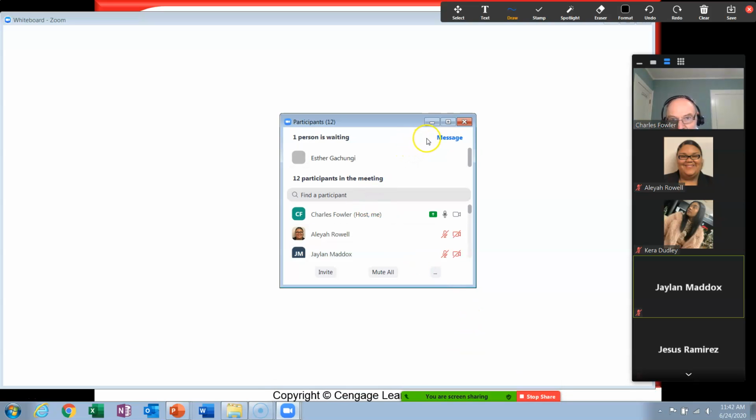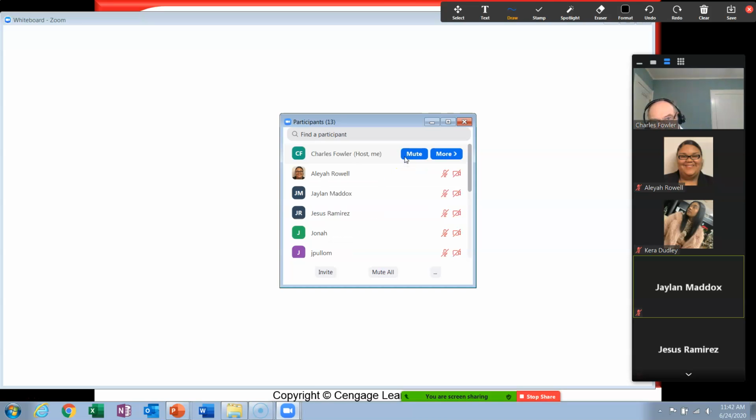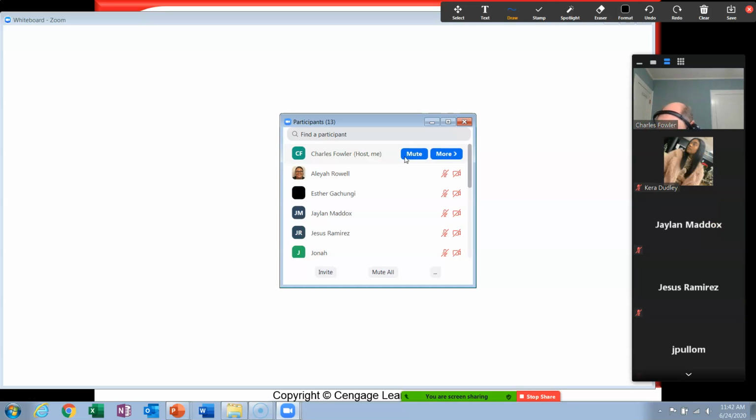Okay, nothing popped up to tell me that, so if y'all can tell that someone is trying to get in, please let me know, because when I have all this open, it sometimes doesn't respond the way it's supposed to. So Esther's here now. So now we should have 12 students. Got it. Okay.